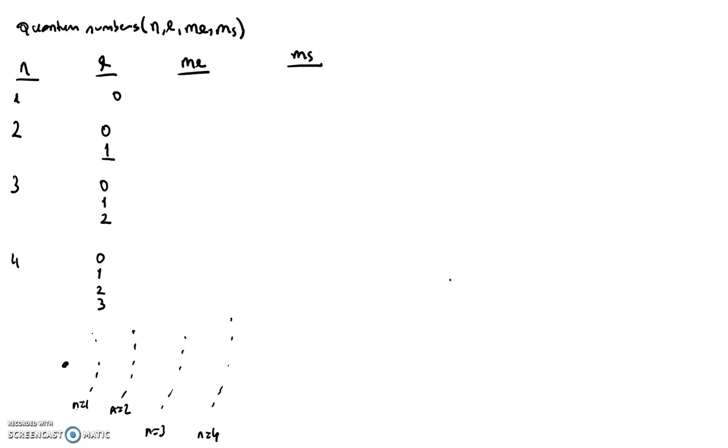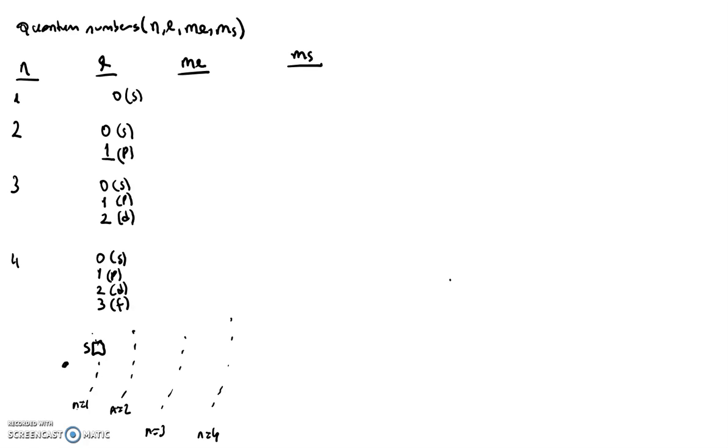So here, L equals 0 is called S, L equals 1 is called P, 2 is called D, and 3 is called F. On the first shell, I can expect to get S. I'm just going to show you with boxes here.